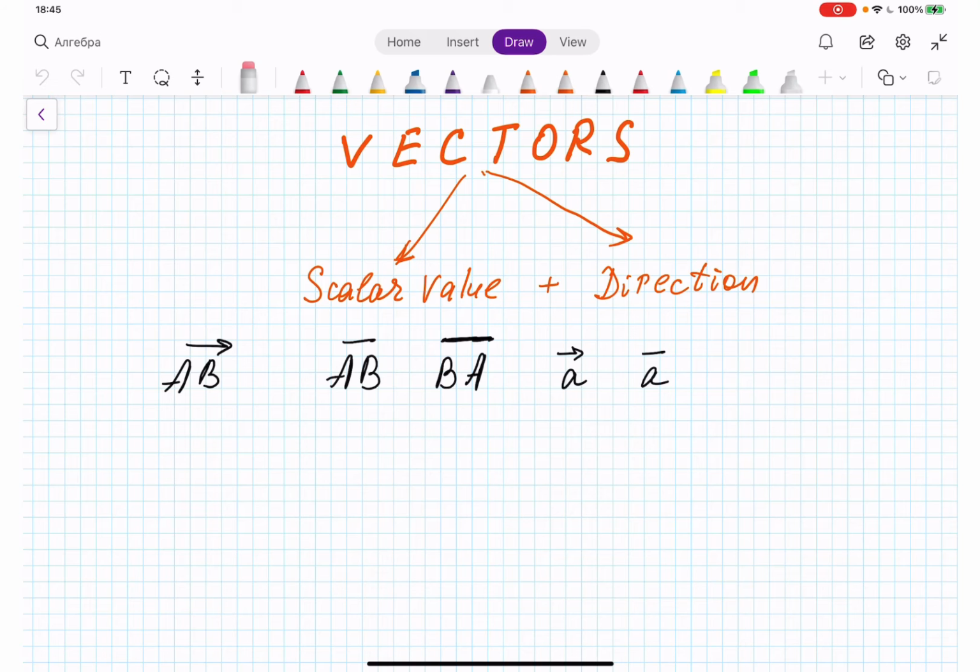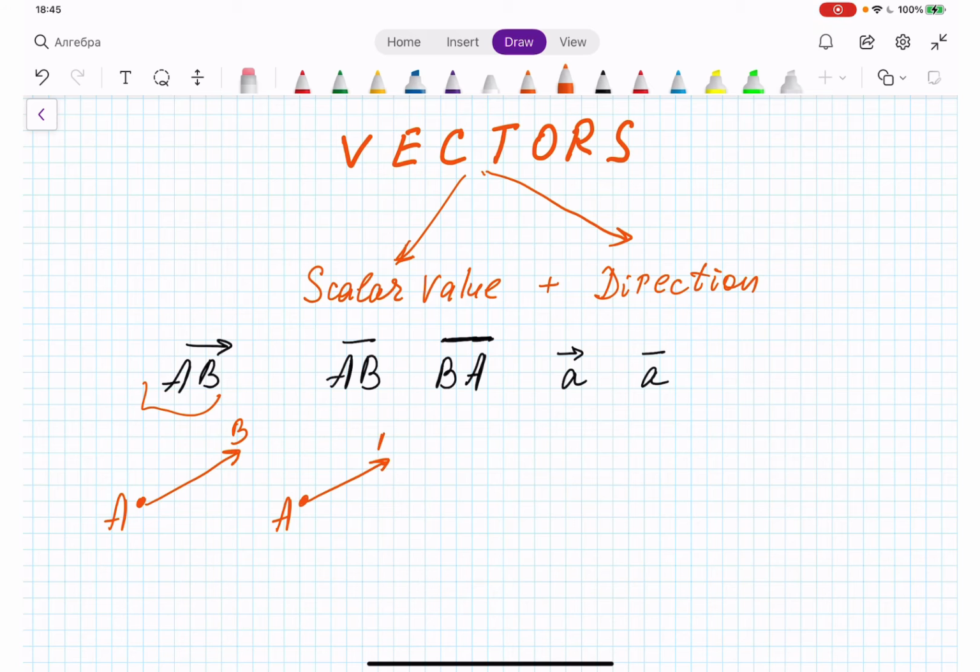Now, every vector has a beginning and an end. So how do we know where the beginning is and where the end is? If we have AB, let's say with this vector, that means A is the beginning. First we put the start, and B is going to be the end. The same way with these cases. In this case, it's also going to be A, same way.